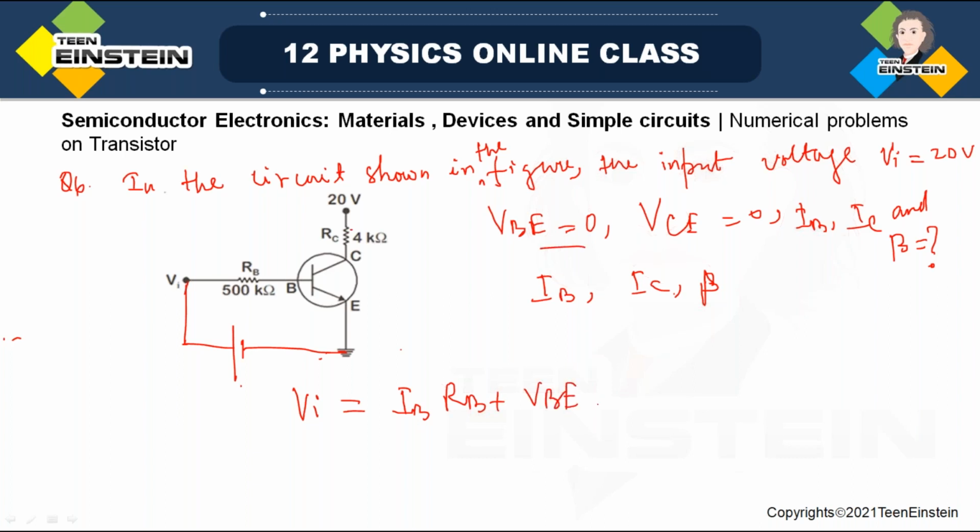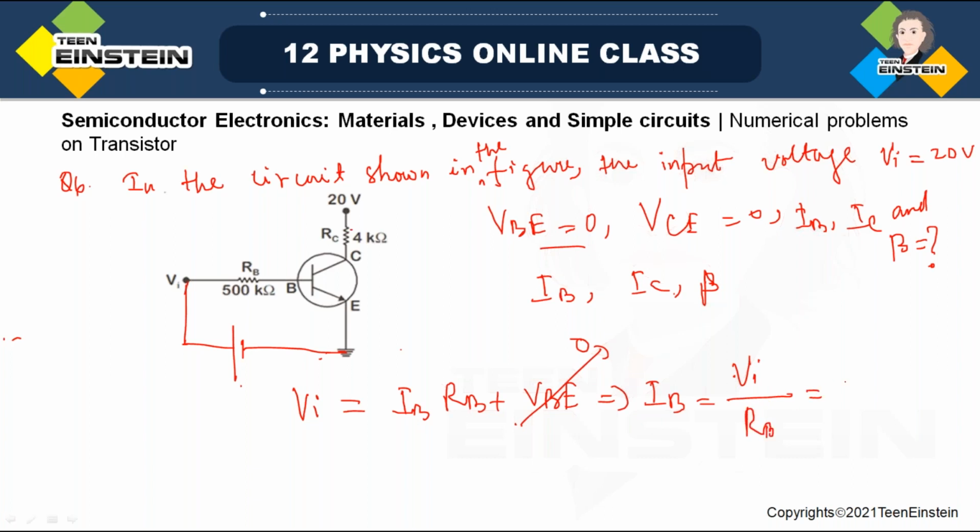Here VBE is given as 0, therefore this actually is 0. So therefore IB will be equal to VI by RB.